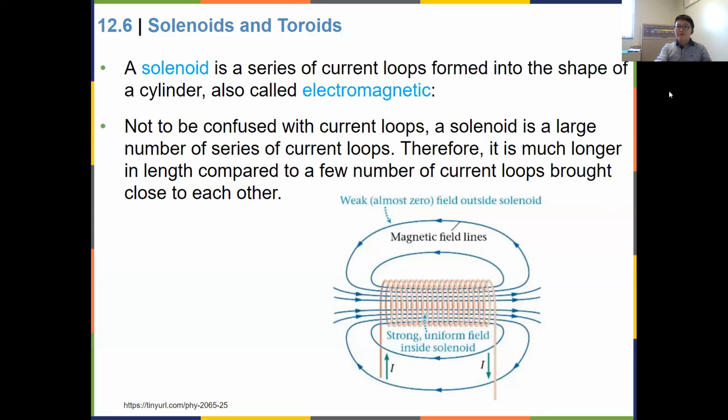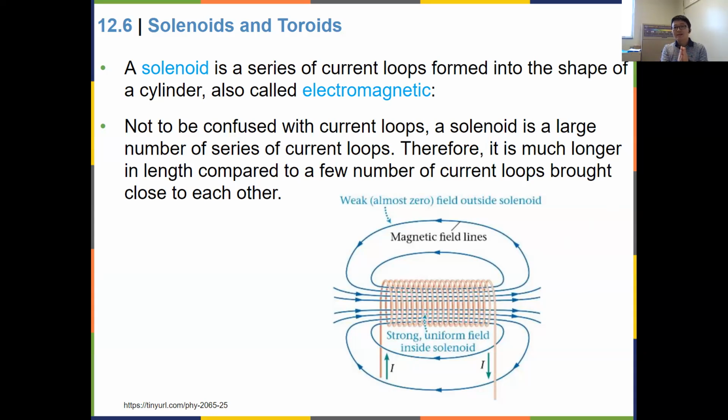Further application of Ampere's law. So we are looking at certain devices. A solenoid is something like a loop of current. Previously we know that a loop produces a magnetic field just like a bar magnet. Now if you want to increase the magnetic strength, then you put multiple loops together.